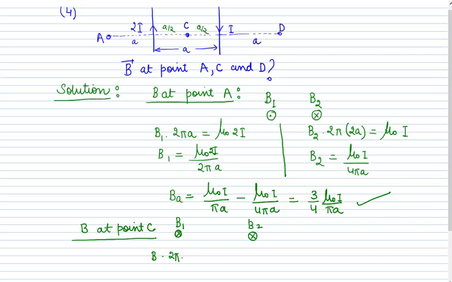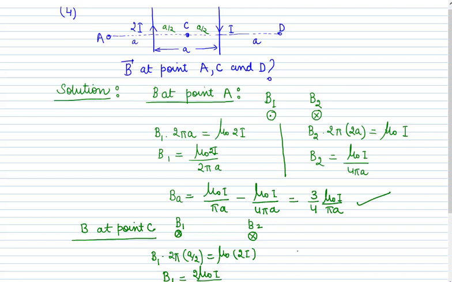So the radius will be A by 2, giving 2π times A by 2 equal to μ₀. For the first wire, it is 2I. So that means B1 will have the value of μ₀I upon, this 2 cancels out, πA and this will be 2. So 2μ₀I upon πA.